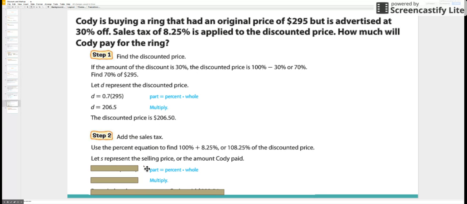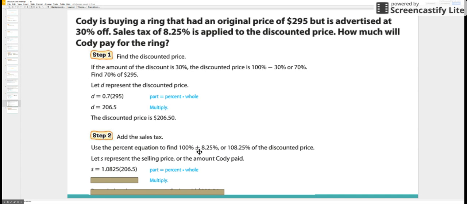Part equals percent times your whole. Okay, figure out what is 108.25% of 206.50. So we don't know what our part is, but we do know that it's 108.25%. Move the decimal over 2 places to the left, so you get 1.0825 times 206.5. No, do not round this, okay? Don't round this. You get a more exact answer at the end if you don't round this, okay?